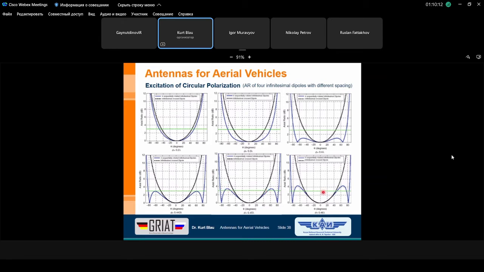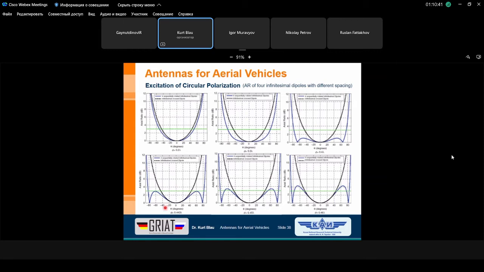And here, if we make it, for instance, 0.46 lambda, we also shrink it very, very drastically. I mean, this value is the optimum value of the distance of the dipoles excited with opposite voltage, meaning coming from a symmetrical line.